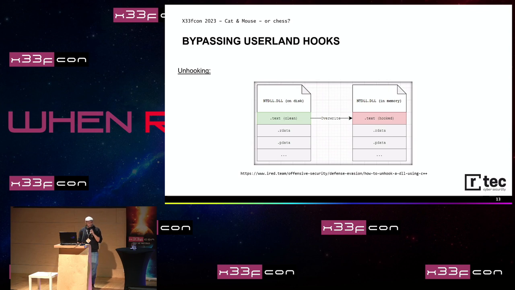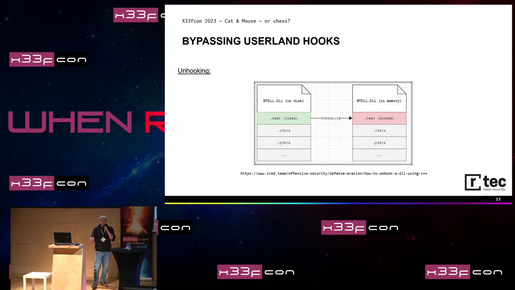So if we grab a fresh NTDLL copy from disk, for example, or from any other location like KnownDLLs or something like that, and overwrite the text section of our process memory with that fresh copy, then we're going to remove the hooks. After doing that, when they are removed, the EDR will not jump to its DLL. It cannot do an analysis, and therefore these detections are bypassed.